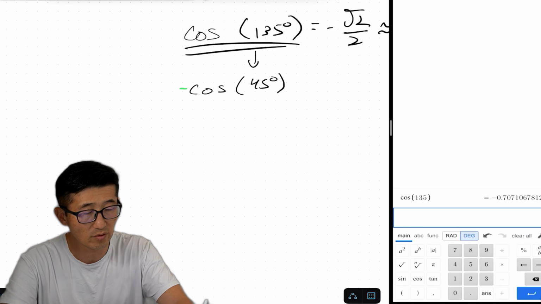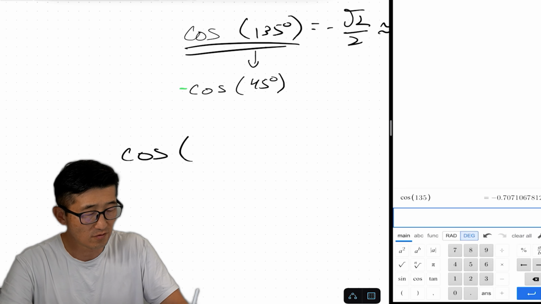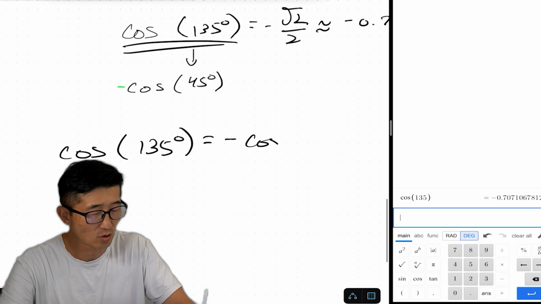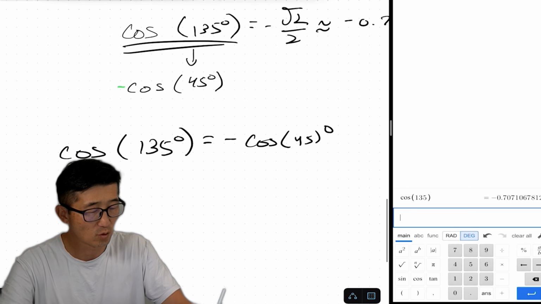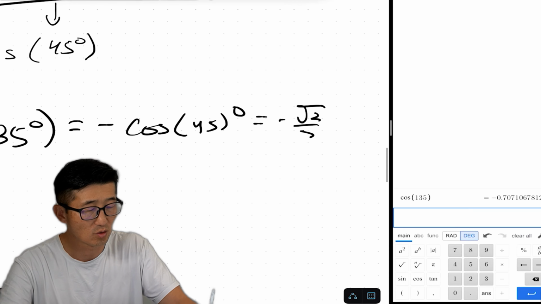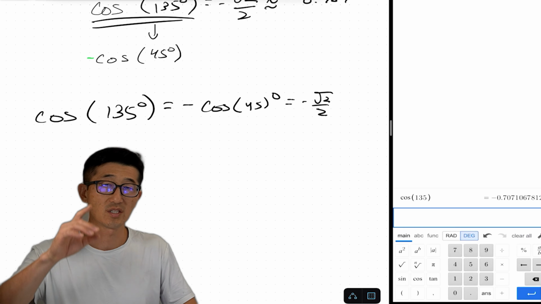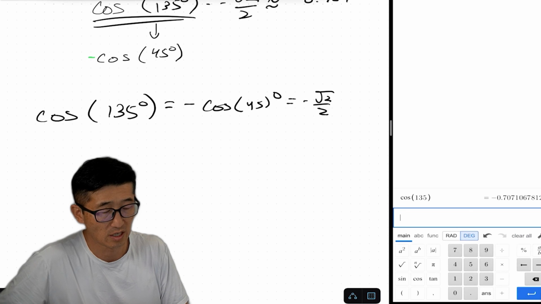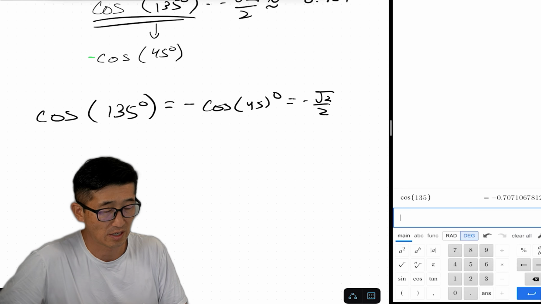Okay, so this is how you want to write it. Cosine of 135 degrees is equal to negative of cosine 45 degrees, which is equal to negative rad 2 over 2. So this is how you're supposed to do your math by hand. You're not going to be using your calculator when it comes to your reference angles.